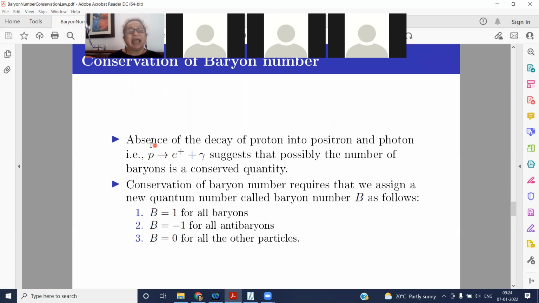So I will say absence of the decay of the proton into positron and photon suggests that possibly the number of baryons is a conserved quantity. That is a guess. Why? Because what is on the left hand side here? Proton is a baryon. Is there a baryon on the right hand side?